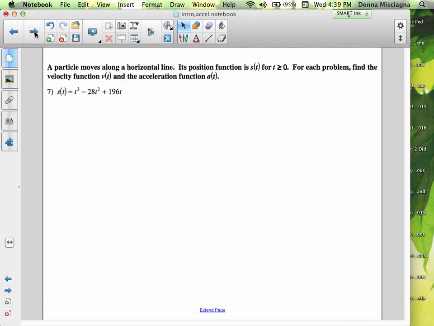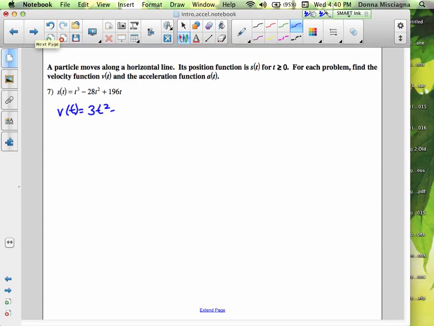All right, so let's look at another problem. A particle moves along a horizontal line. We want to find the velocity and the acceleration. This is a pretty easy problem. We're just going to find our first and second derivatives. So take the derivative of position, that would give us velocity. So v of t is 3t squared minus 2 times 28 is going to give us 56t plus 196.